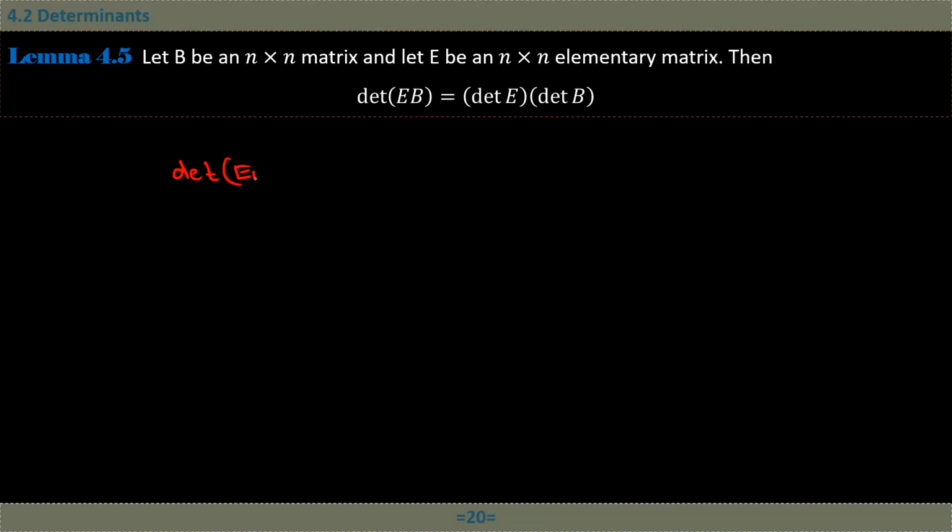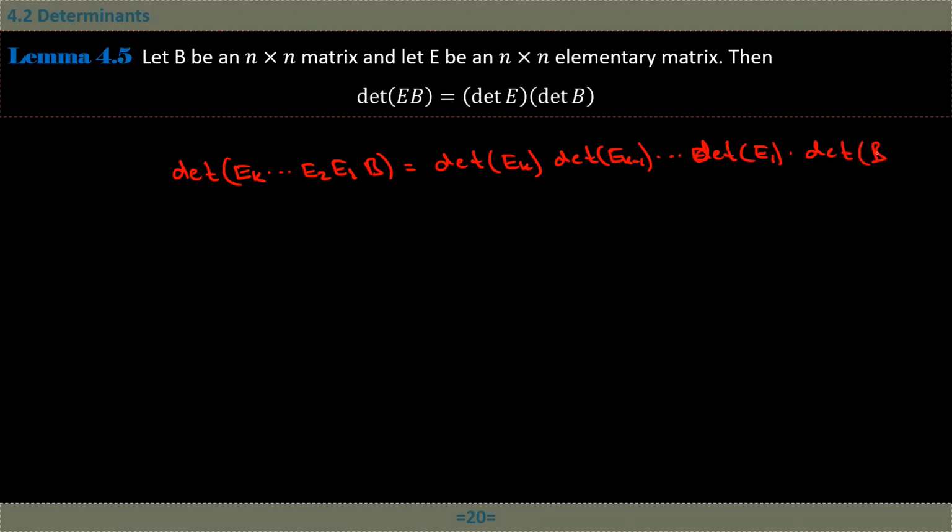Here we have E_k, dot dot dot, E_2, E_1, and here we have B. Then the determinant is equal to det(E_k) times det(E_{k-1}), dot dot dot, det(E_1) times det(B).